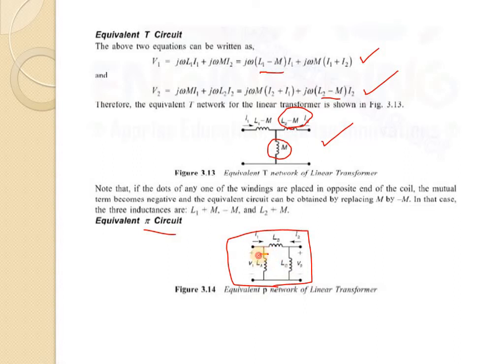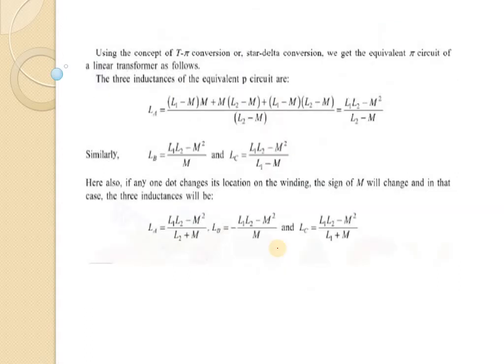This is the inductance LA, this is the inductance LC, and this is another inductance LA or LD, whatever denotation you are using. So that is the pi formation of the same nature.